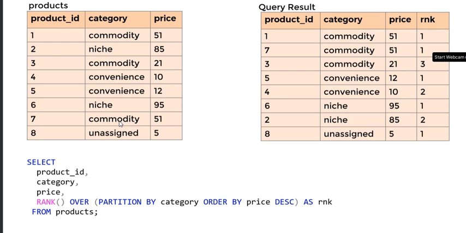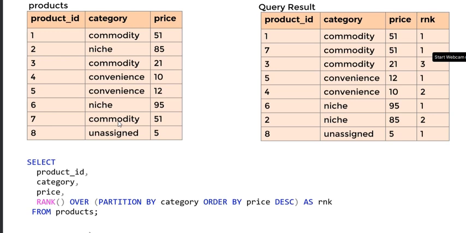We have added the rank window function, and we have named this expression rnk. I have called it rnk rather than rank because rank is a keyword in SQL, right? It's a best practice not to name an expression the same as a keyword in SQL.